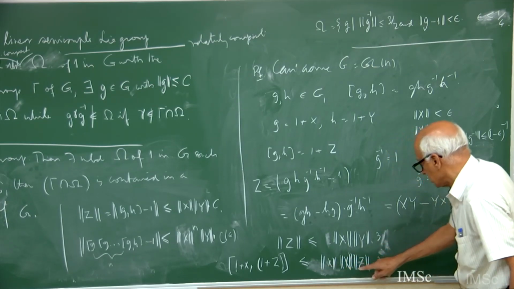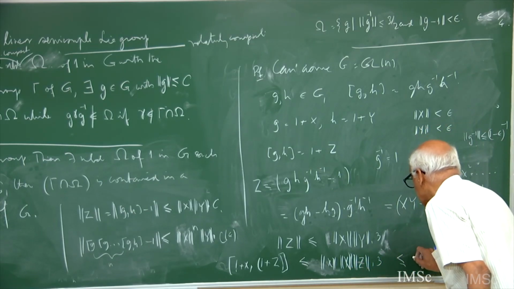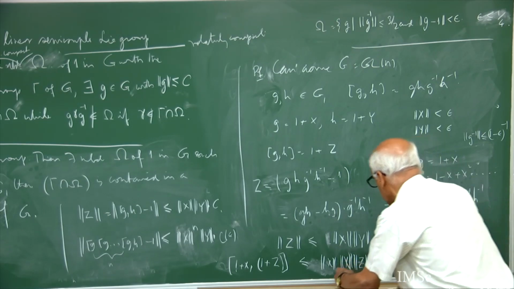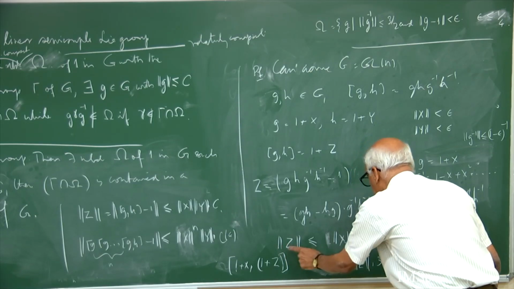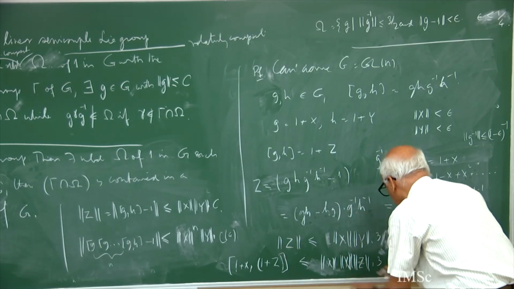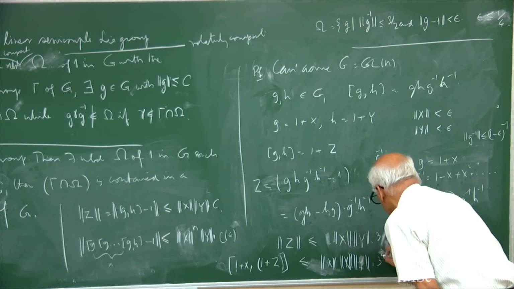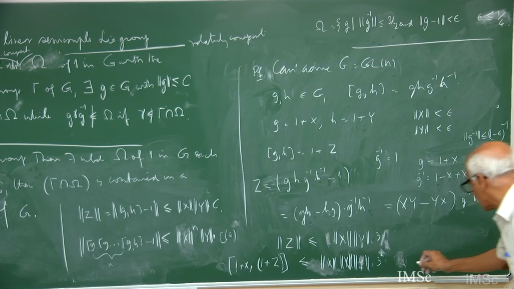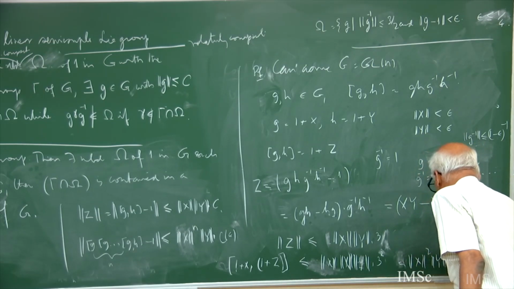Norm x, norm z, 3, which in turn is norm x square, norm y, 3 square.